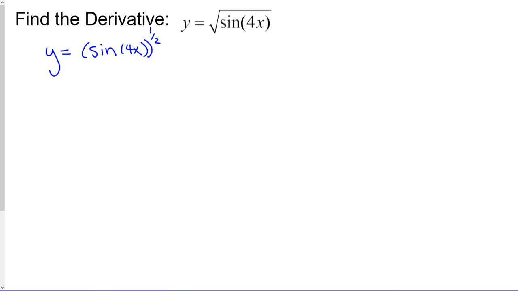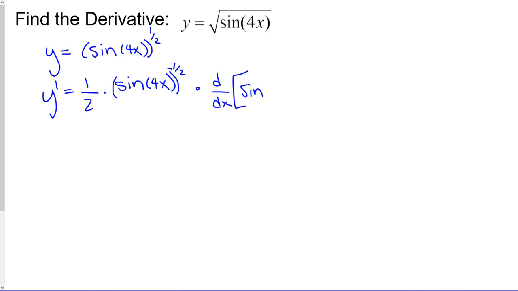Now we're just going to do a double chain rule here. I'm going to get that y prime. I'm going to bring this 1/2 down. It's 1/2 times sine of 4x to the negative 1/2 power. Okay, and then I'm going to multiply by the derivative of sine of 4x.